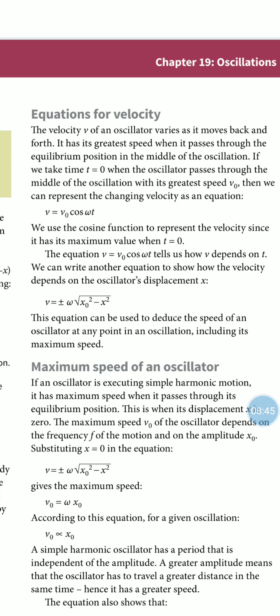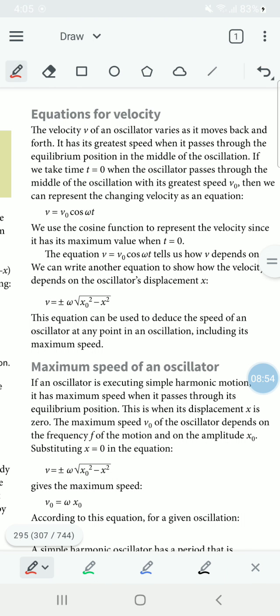Another equation shows velocity depends on the displacement too. Then write the second equation, V equals plus or minus omega square root of xo squared minus x squared. Leave a line and write: using this equation, maximum speed Vo can be calculated as follows.